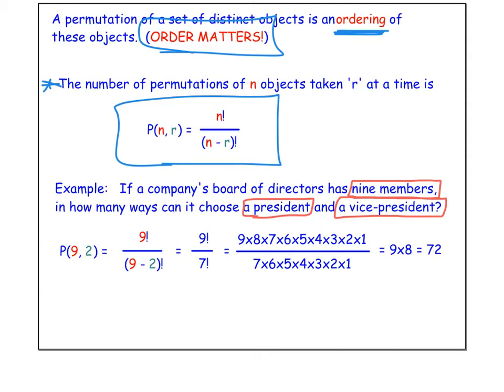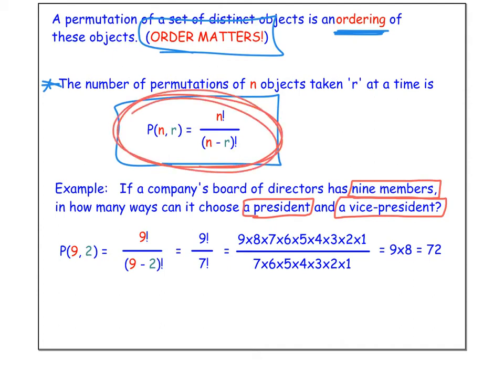If Mr. Tagani gets elected as president and Mr. Long is vice president, are those distinguishable roles? Are they different from Mr. Long being president and Mr. Tagani being vice president? Absolutely. In situations like this, we will use permutations, and the formula for that is here.